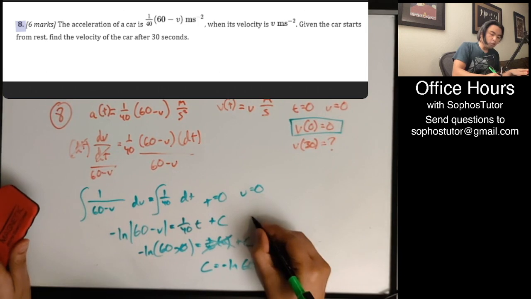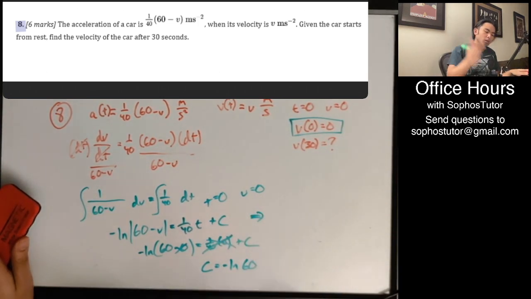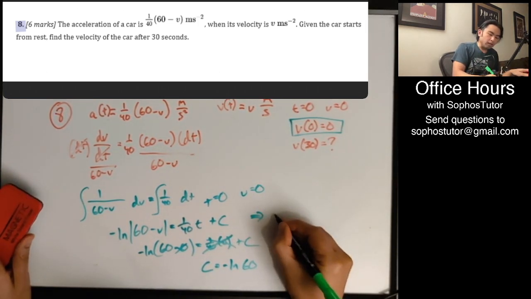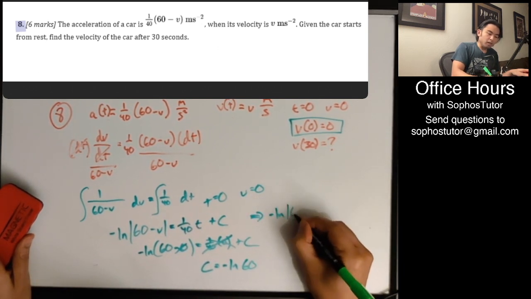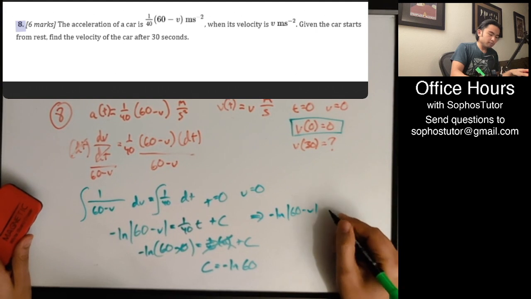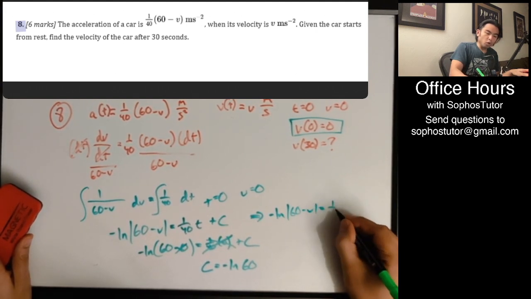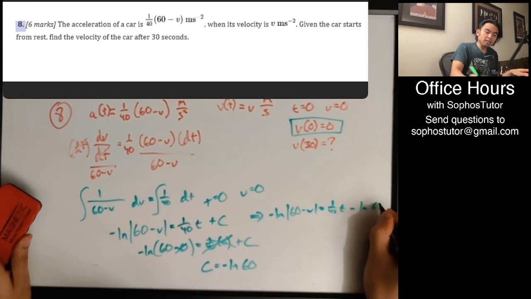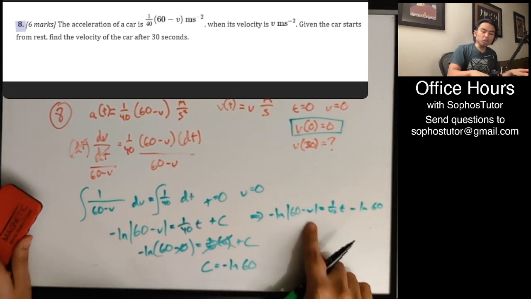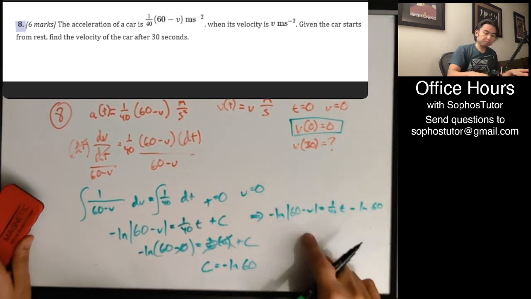Okay? So if we rewrite this equation, we're going to get negative natural logarithm of 60 minus v equals 1 over 40 t minus natural logarithm of 60. Now, what we need to do is get v by itself, so then we can finally plug in 30.